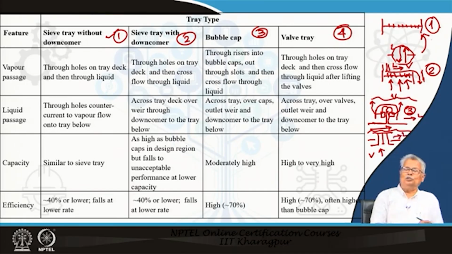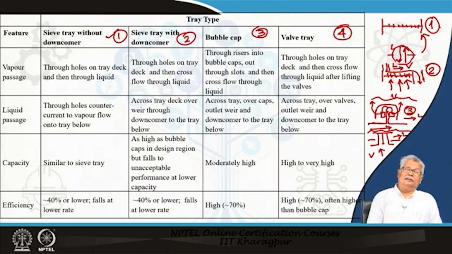So, basically 2, 3 and 4 are cross flow trays. Now, let us look at the features of each of these. The vapor passage part we have talked about. We also have talked about the liquid passage. The liquid passage is through sieve holes in case of the tray without downcomer, and in all other cases it is cross flow with a separate downcomer through which the liquid falls to the next tray.